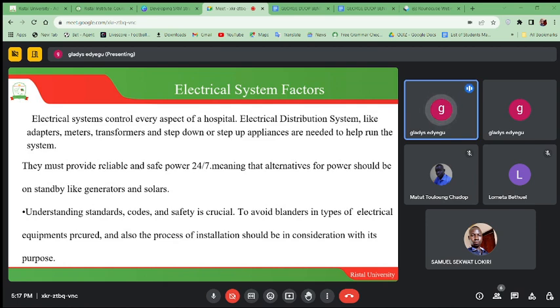So we should also be able to understand the codes and the standards of providing or installing this power, so that it can be safe for our clients. So when you are procuring them and when you are installing them, we have to follow the codes and the standards of safety, so that we avoid some of these fire outbreaks and danger to our patients.